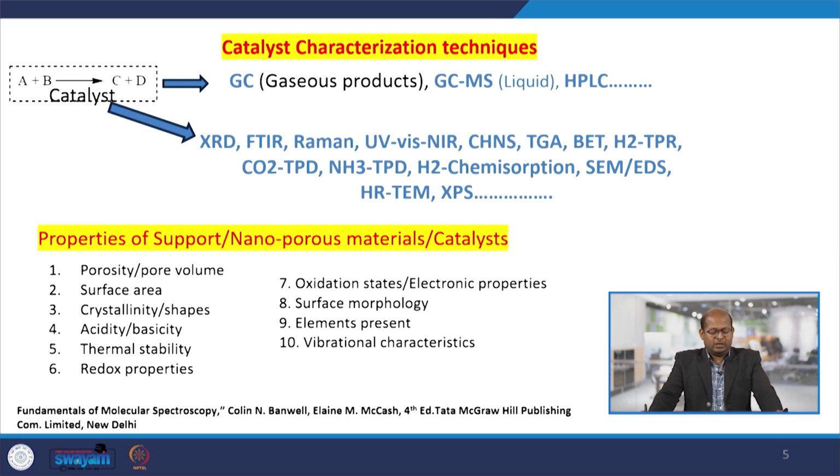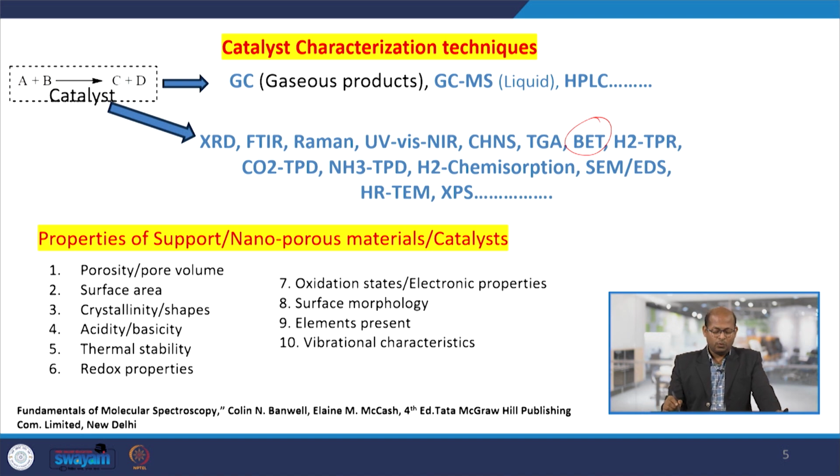Many characterization techniques are available. Here is a short summary of each characterization, why it is important and what kind of information we can get from it. BET gives the specific surface area of the catalyst, and we can find the pore size and pore volume, which we have already discussed.